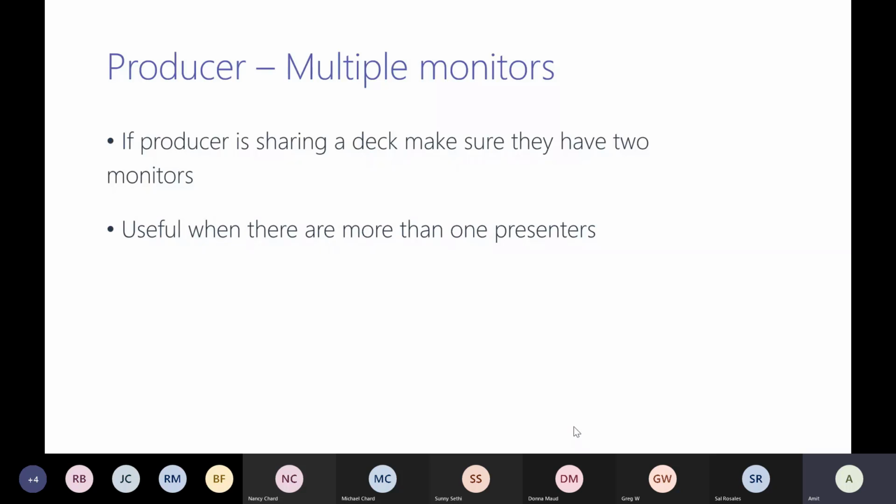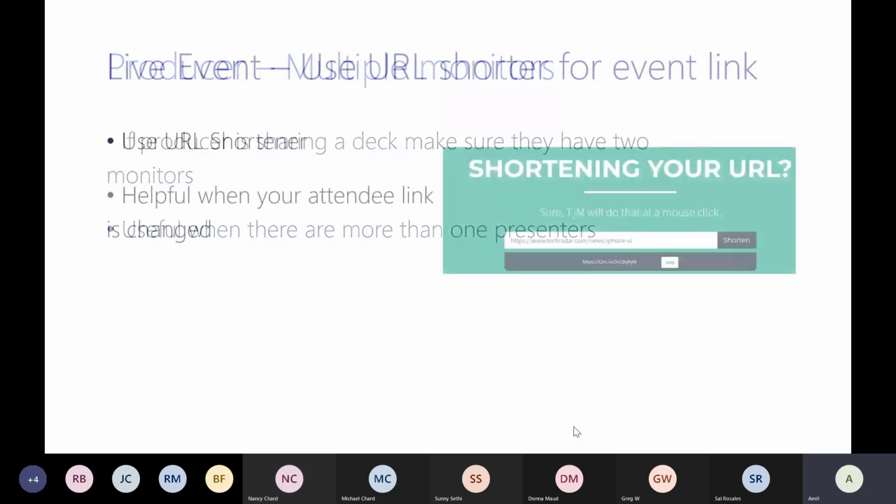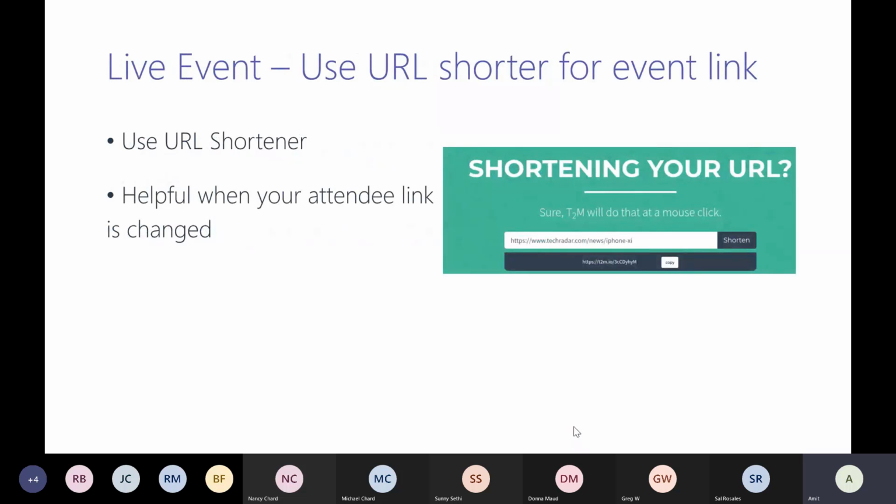If that's what you're doing, make sure your producer has at least 2 monitors, because one monitor would be occupied by the shared content, but the producer also needs another monitor to control the event, to decide which content is going live and whose video is going live. If there's only one monitor, it would be very hard for the producer to control and share at the same time.